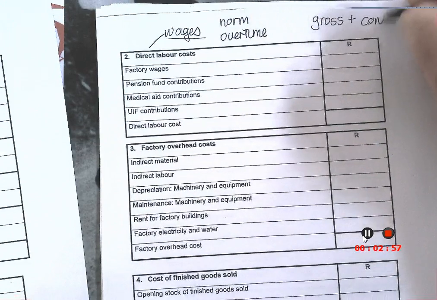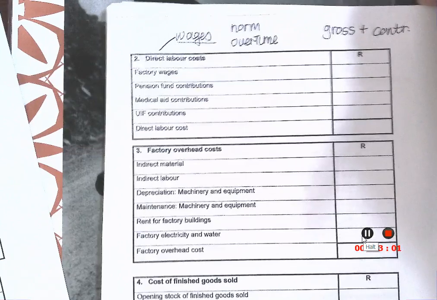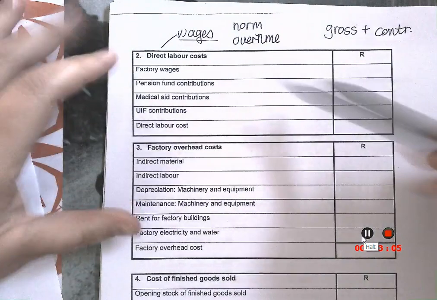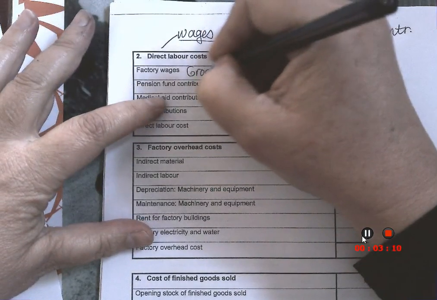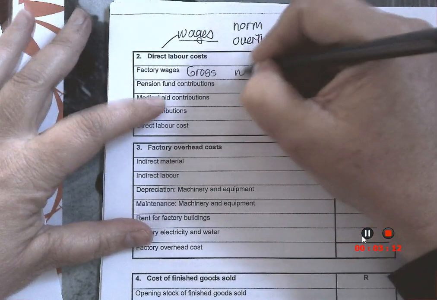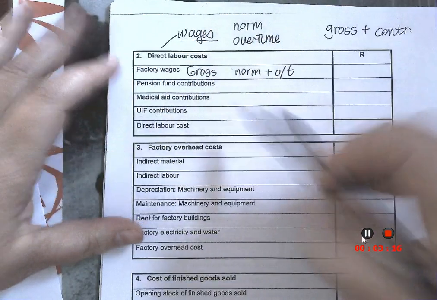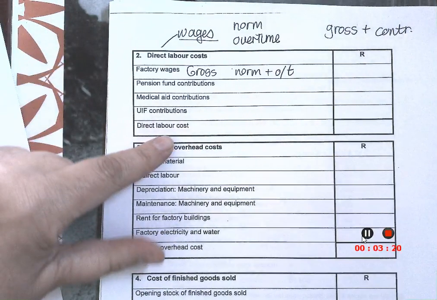Can you see it's what we would put in an income statement? So just take all of that into consideration. Can you see there's your factory wage, which would be the gross. And the gross would consist of the norm plus the overtime. Then you have all your contributions. And that gives you your direct labor cost.